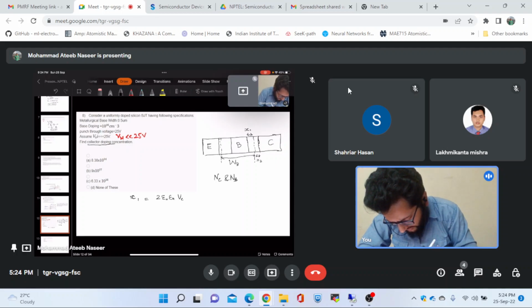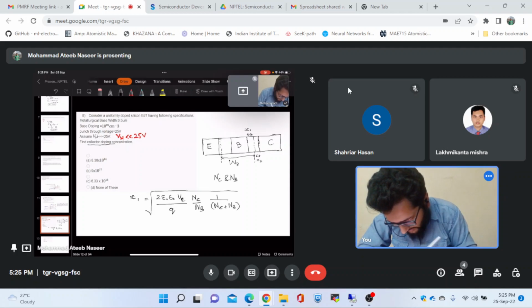So this will be some VR, that is the punch through voltage, divided by Q multiplied by NC by NB into 1 by NC plus NB.